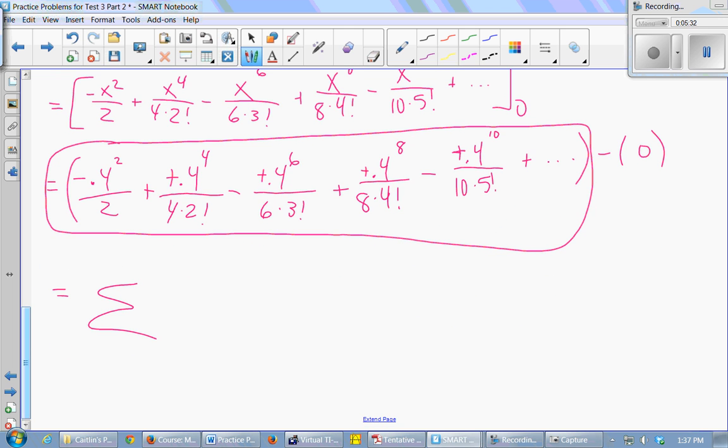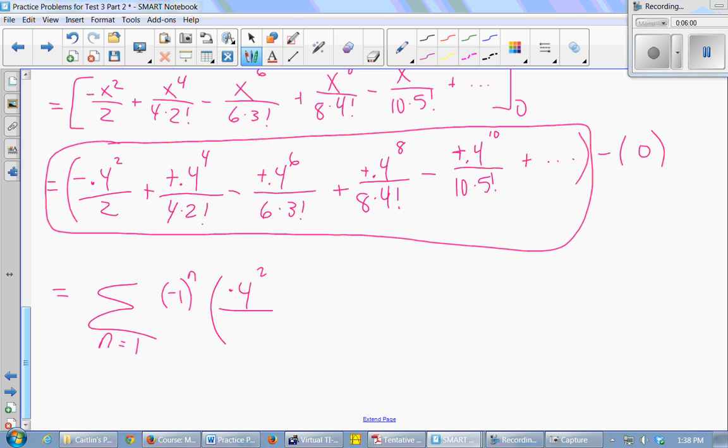All right, so I have alternating signs, which means I need a (-1) to the n, and I need my first sign to be negative, so I'm going to start n at 1. And then the rest of my terms are all 0.4 to a power over that same power times n factorial. Okay, so my powers are even.